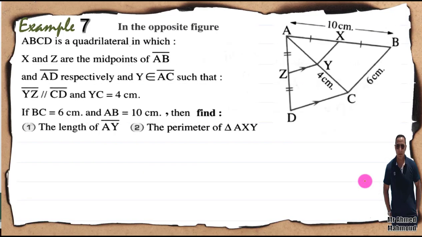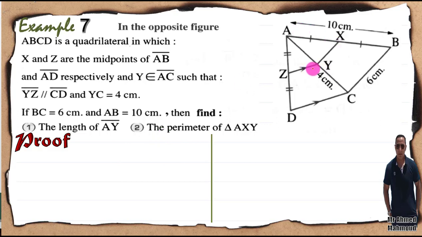Number 7. Here X is a midpoint, Z is a midpoint, ZY parallel to BC, YC equal 4, BC equal 6, AB equal 10. First, find the length of AY and find the perimeter of AXY.